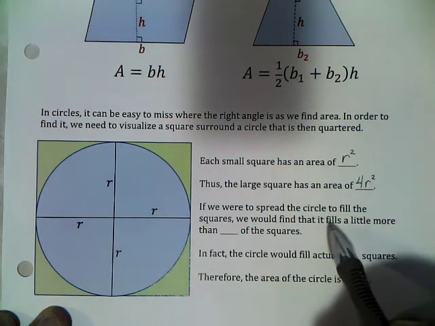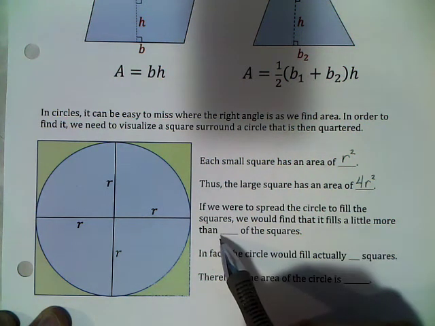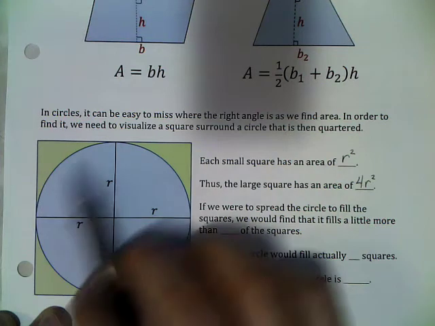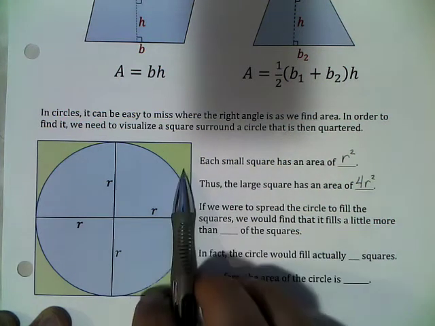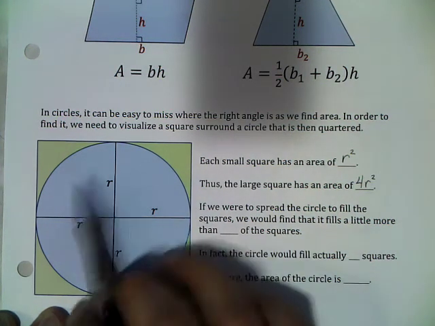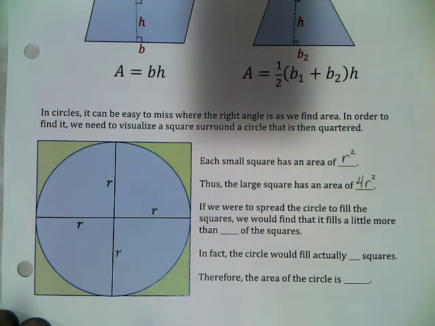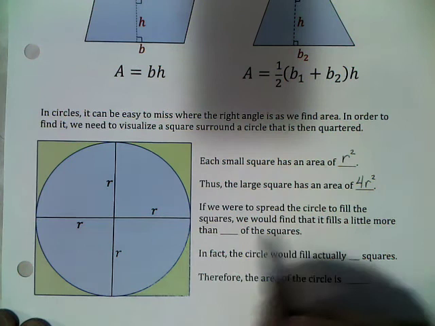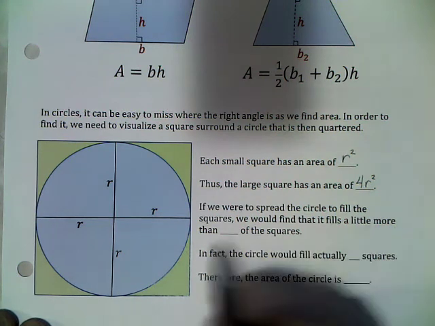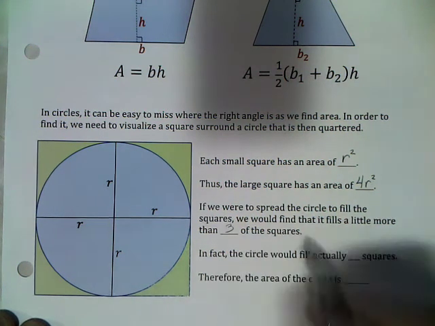If we were to spread the circle to fill in the squares, so if I were to shave a little bit off of this and fill in that gap, and then maybe shave a little bit more and fill in this gap, and then shave a little bit more off of that guy and fill in this gap, we would find that it fills a little more than 3 of the squares.